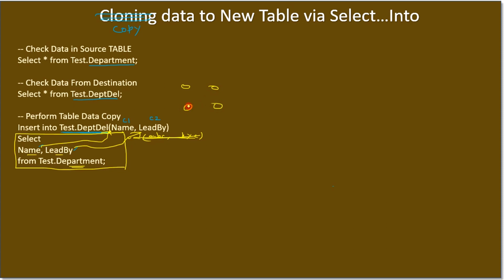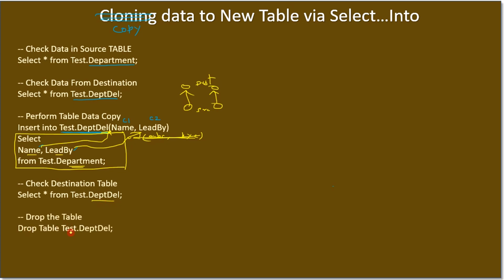In that case, you can perform the copy from source to destination using the insert into select syntax. Now let's experiment with this. After doing the insert, we select the content, then we drop the table. This is a temporary dept del table, so we are dropping it.